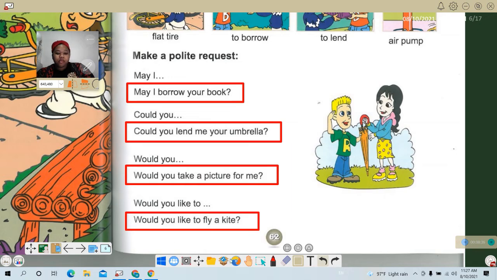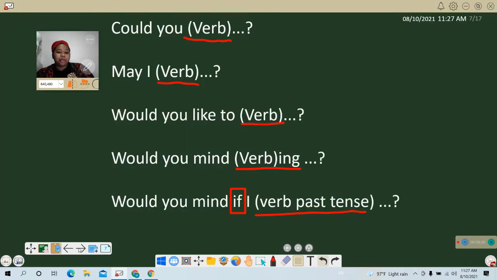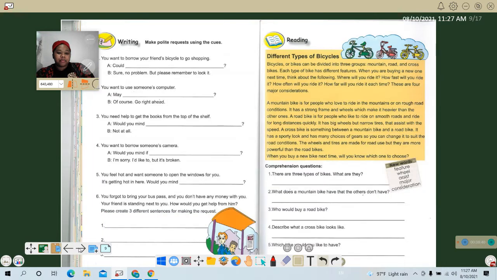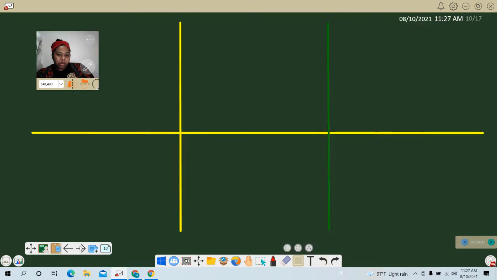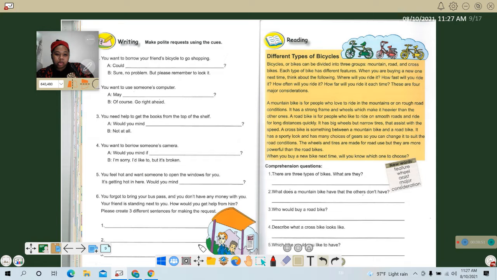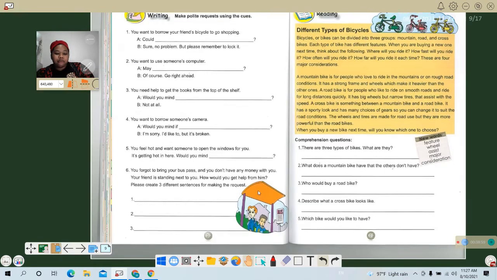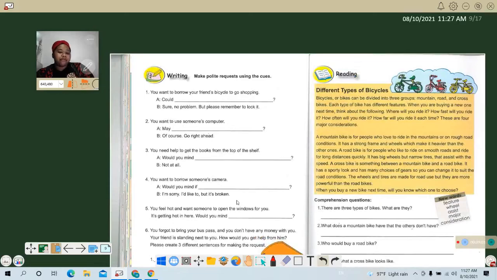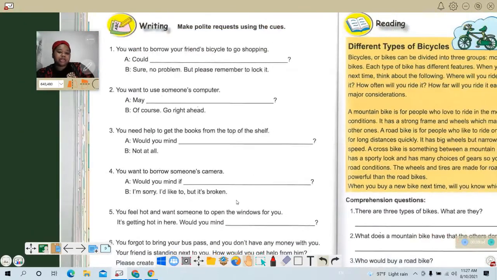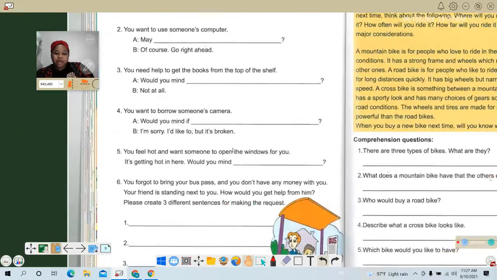Okay. So let's go to the workbook and let's see if you can. Let's go to page 65.